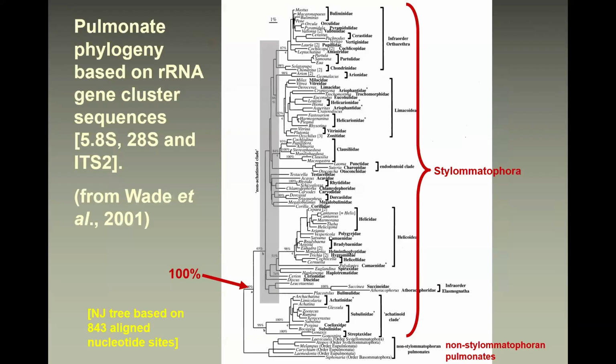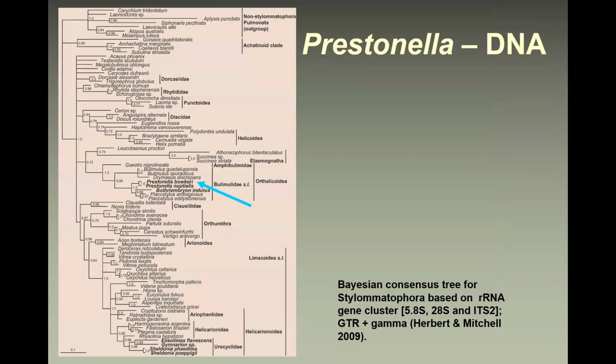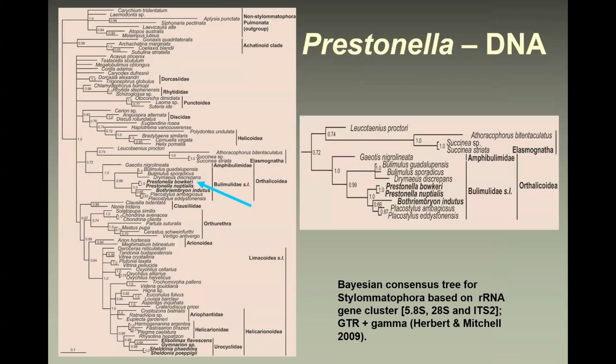So this is Christopher Wade's phylogeny. Stylommatophora here marked out in red, 100% support for that. So popping Prestonella into this equation, it came out here. Here's looking at that in more detail.